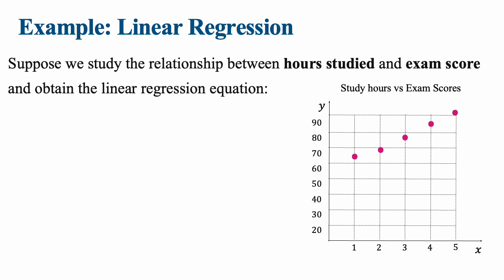Let's talk about the first example for linear regression. Suppose we study the relation between hours studied and exam score, and we obtain the linear regression equation: y hat equals 6x plus 55.